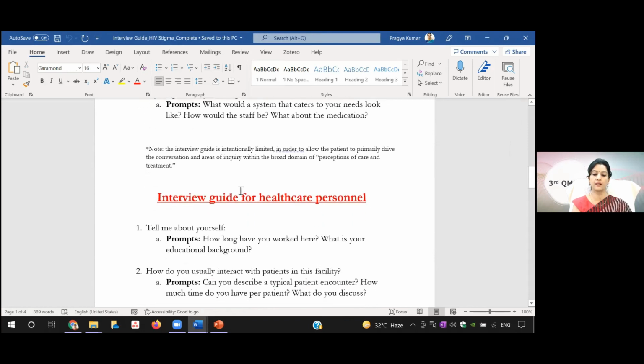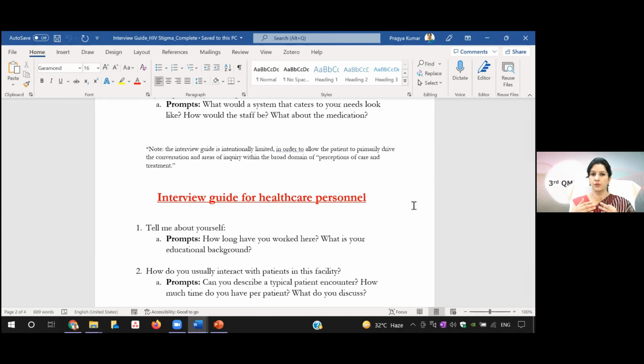And then again, there was an interview guide for the health personnel. In this interview guide, we have written a note that this interview guide is intentionally limited in order to allow the patient to primarily drive the conversation and area of inquiry within a broader domain. That means this is just an interview guide. That's why we attach the word guide.